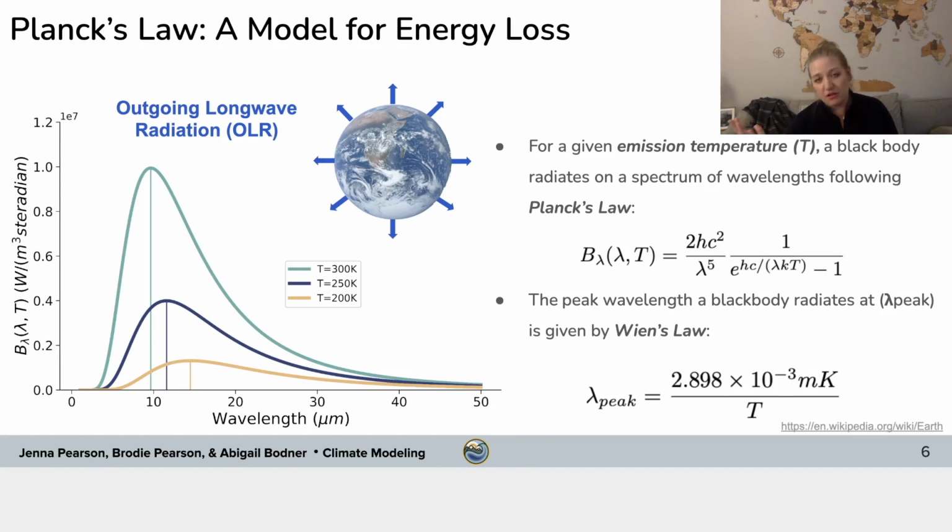And this is why we call Earth's radiation outgoing long-wave radiation, and we call the radiation from the sun incoming short-wave radiation. Additionally, note that for higher emission temperatures, the curve lies strictly above that of lower emission temperatures, which suggests that hotter objects emit more energy at all wavelengths.